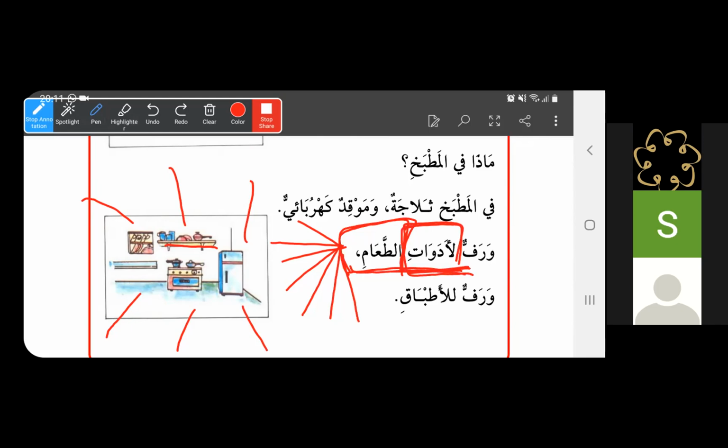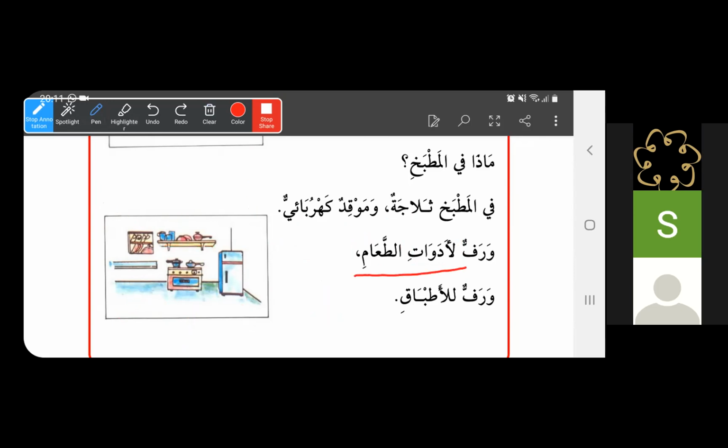Similarly, you have أدوات الاستحمام, your bathing tools, like you have shampoo, you have فرشاة. طيب, and you have حجر, the stone for rubbing, etc. These are أدوات الاستحمام. طيب, and now this أدوات الطعام, eating tools. طيب, a shelf for the eating tools. ورف للأطباق, and a shelf for the plate. رف للأطباق. طبق and the plural أطباق.